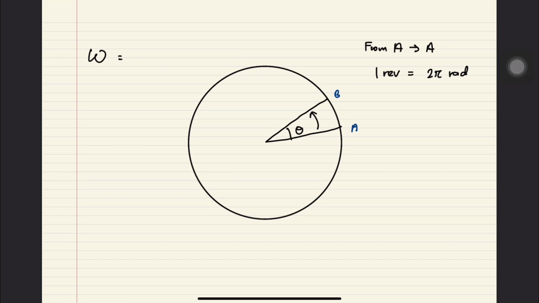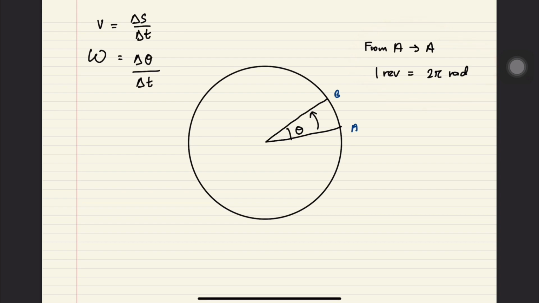Just that this one is angular velocity. Previously v is basically delta s over delta t, change in displacement over change in time. For angular velocity, the change in displacement is delta theta, the change in angular displacement, divided by the change in time.